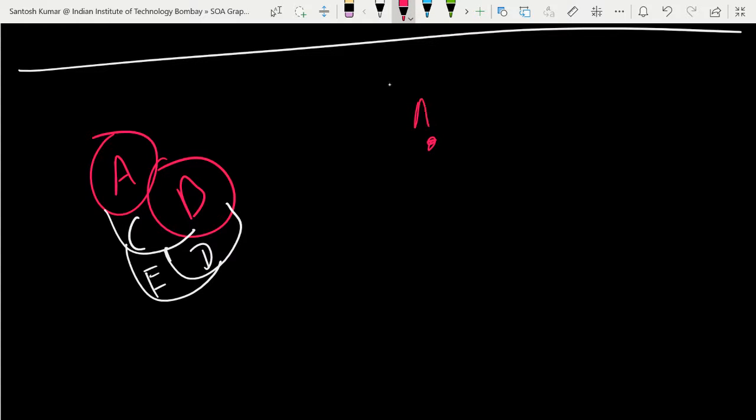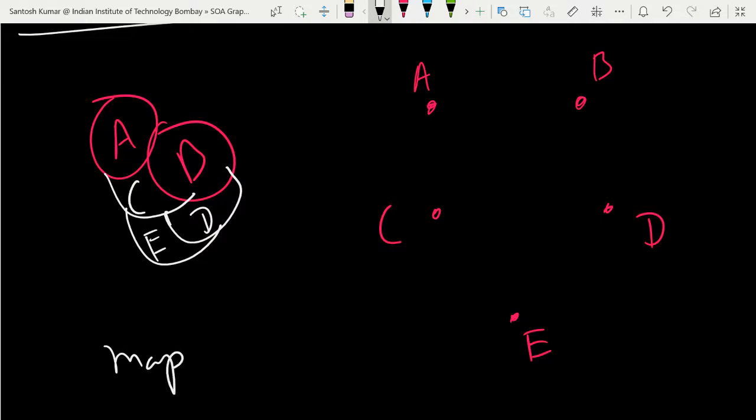So one region we can take as one vertex, other region we can consider as another vertex. So like here I have taken 5 regions, so we'll consider 5 vertices. Then in a similar way, in the map, two regions sharing boundaries, in the graph you make two vertices joined through an edge, or you say adjacent vertices. So AB has a common boundary, AC has a common boundary.